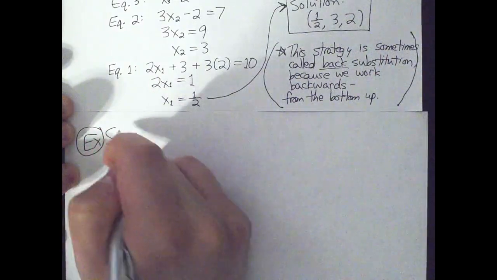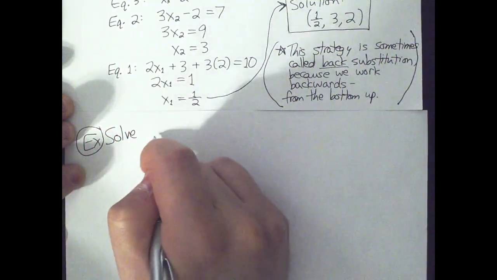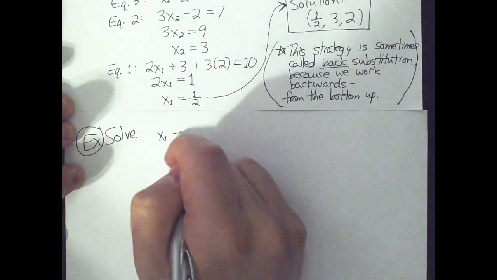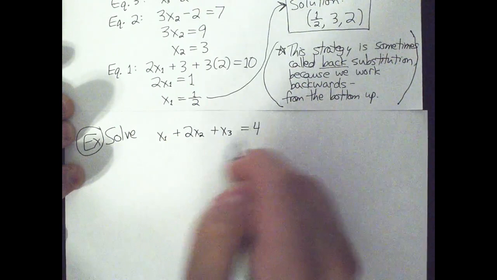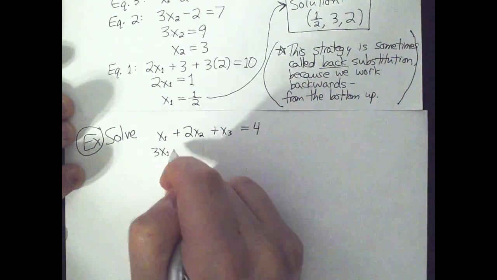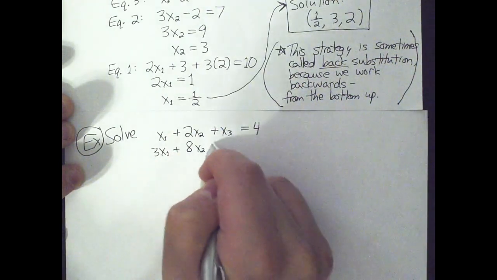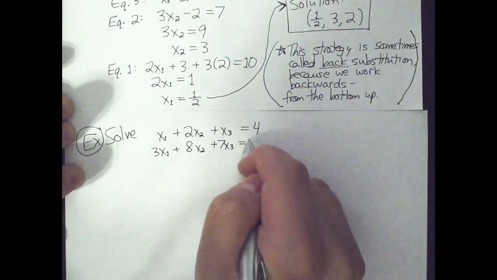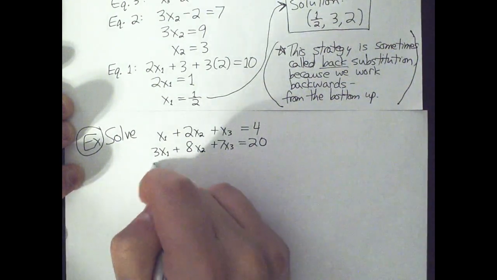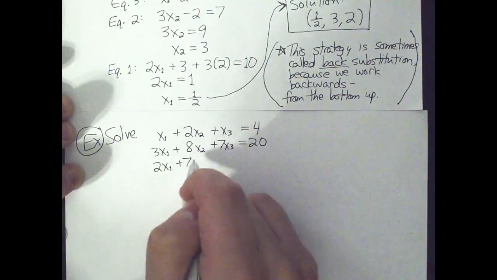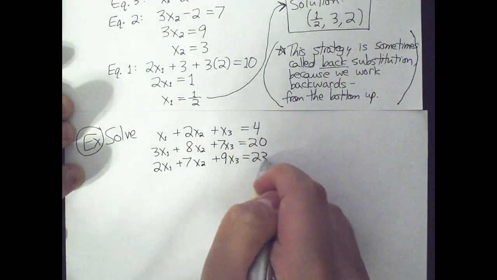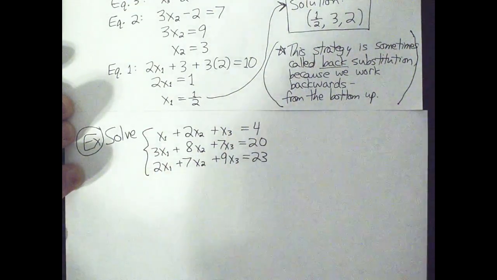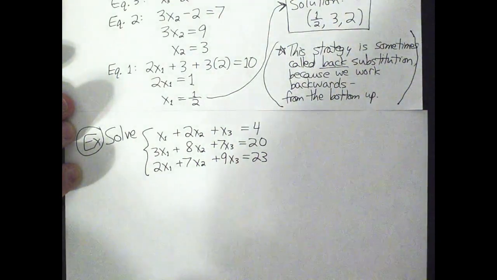Let's say we are told to solve, and we're going to be given a system: x1 plus 2x2 plus x3 equals 4, 3x1 plus 8x2 plus 7x3 equals 20, 2x1 plus 7x2 plus 9x3 equals 23. I'll just give you a chance to see that. And we'll talk about how to solve this together.